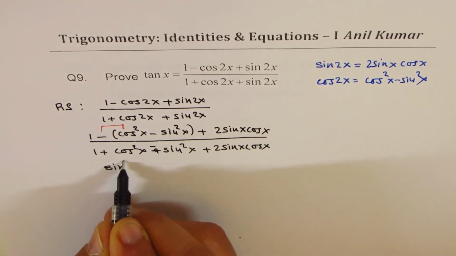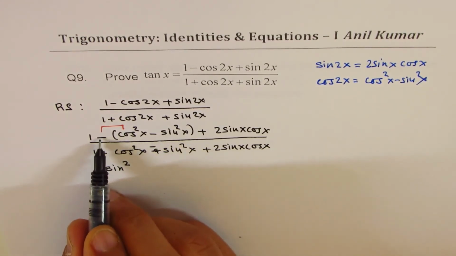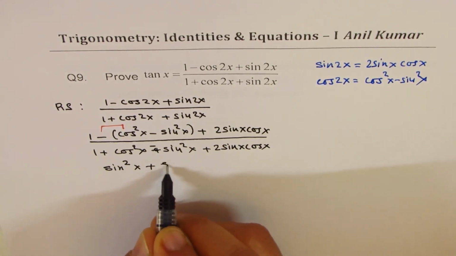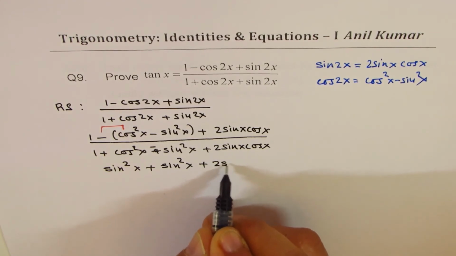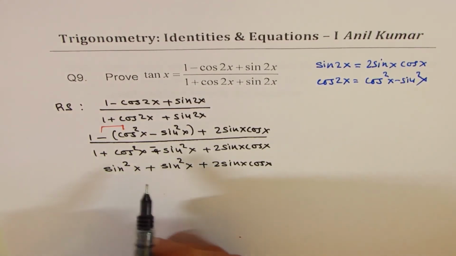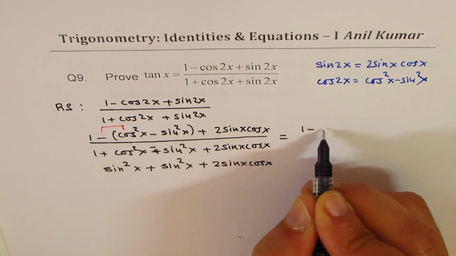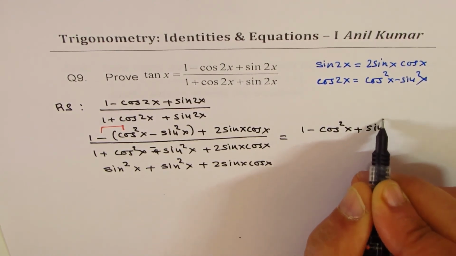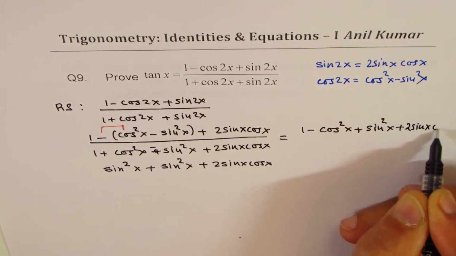So we have sine square x, and this minus and that minus becomes positive sine square x, and here we have plus 2 sine x cos x. Right? So let me expand and add that step. So we'll write 1 minus cos square x plus sine square x plus 2 sine x cos x, correct?